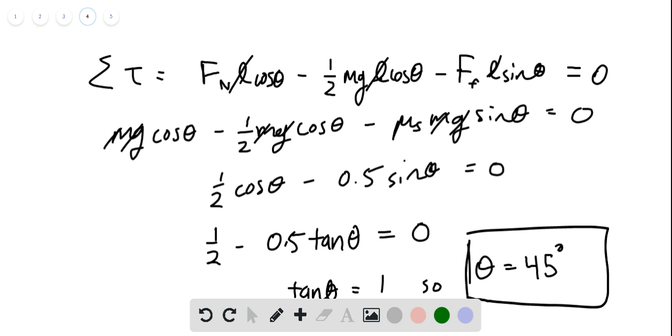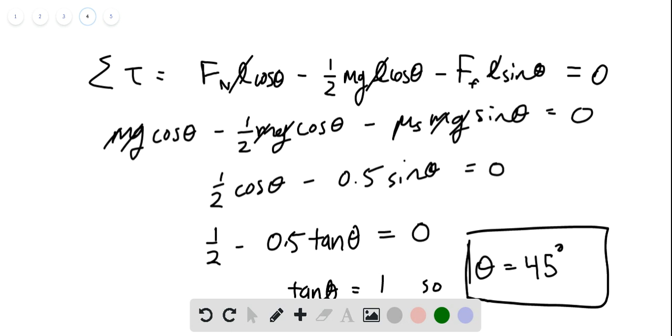So we have a lot of common stuff here. We have mg and L are all common, so we can cut all that out. Now we just have two trig functions left. It's looking like it's going to be a hard problem, because if we try to do that just from cosine and sine theta, we might get stuck doing arc sines and arc cosines forever. So one thing we can do is divide everything by cosine theta, and then you'll end up with 1/2 minus 1/2 times tangent theta.